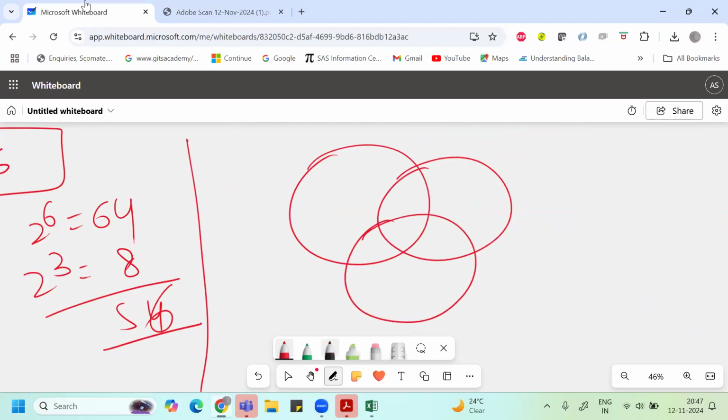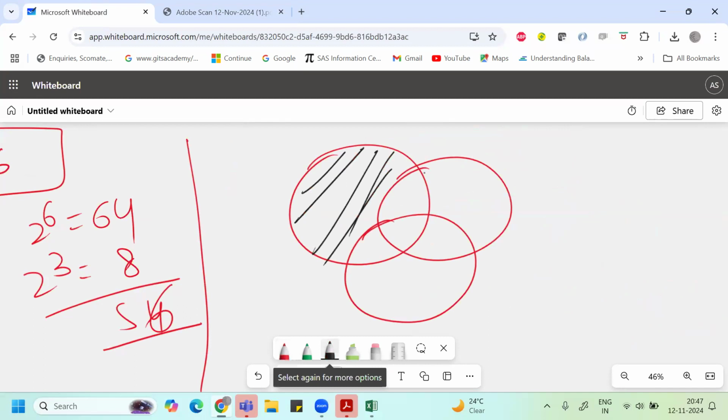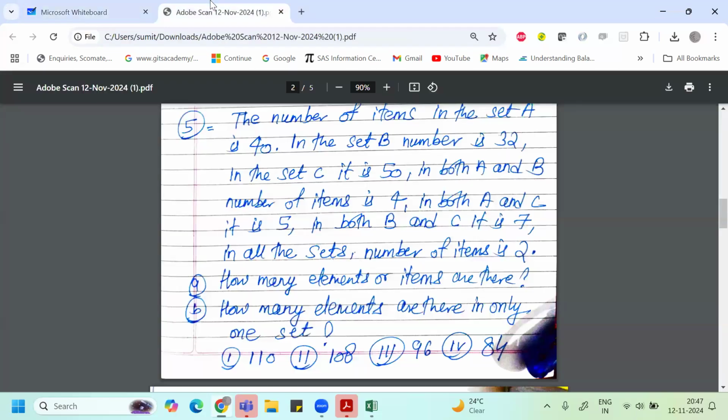I want only A, only B, only C. Do you understand the next part? I want only A or only B or only C.